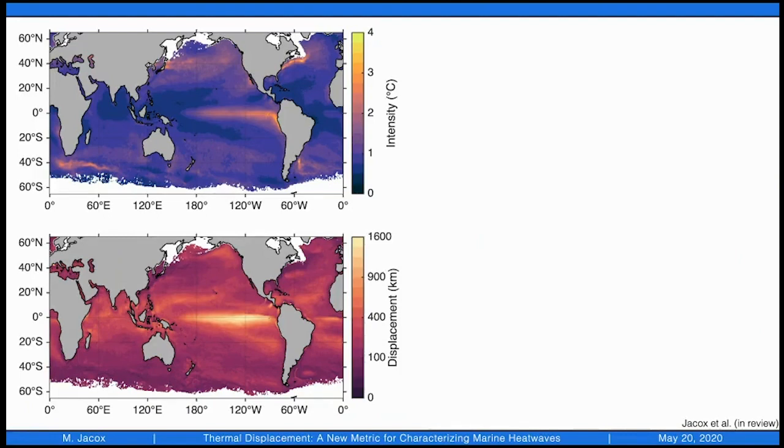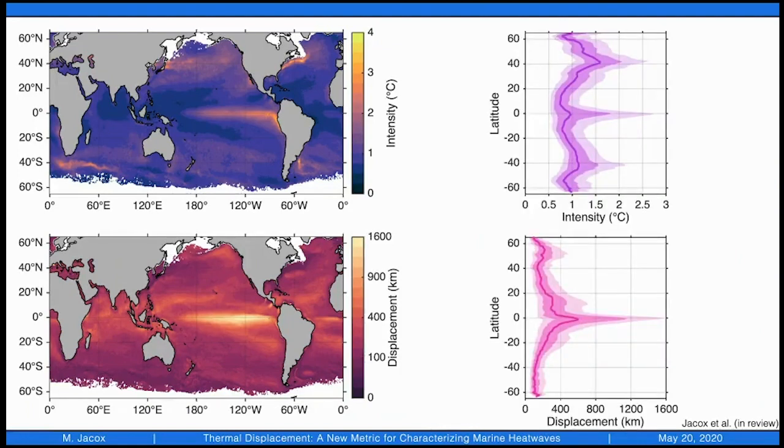And when you compare it to the intensity, it's interesting in the ways that they align and they don't align. And so to summarize it further, these are now just zonal averages at each latitude. So if you look again at somewhere like the tropics and the Eastern Tropical Pacific, you see in both cases, you've got this region jumping out for both high intensity and large displacements.